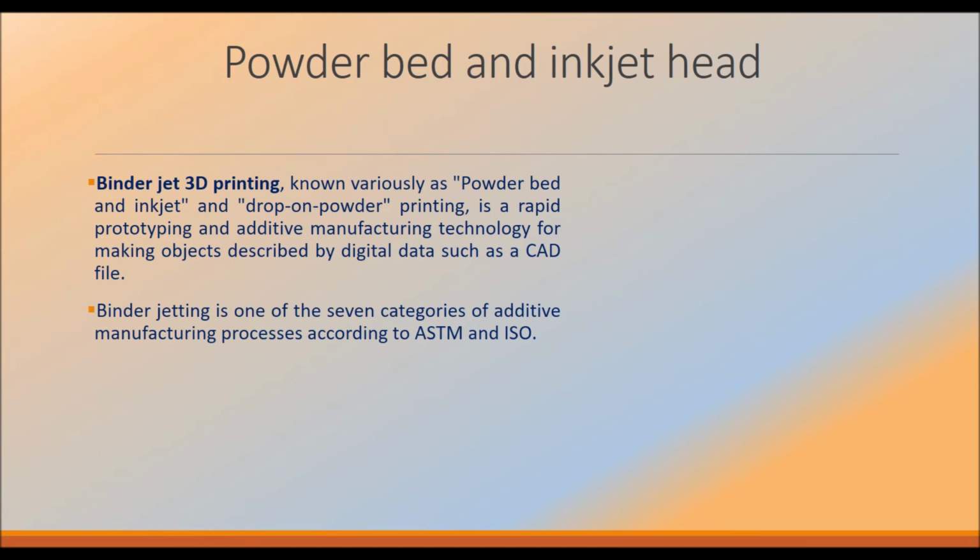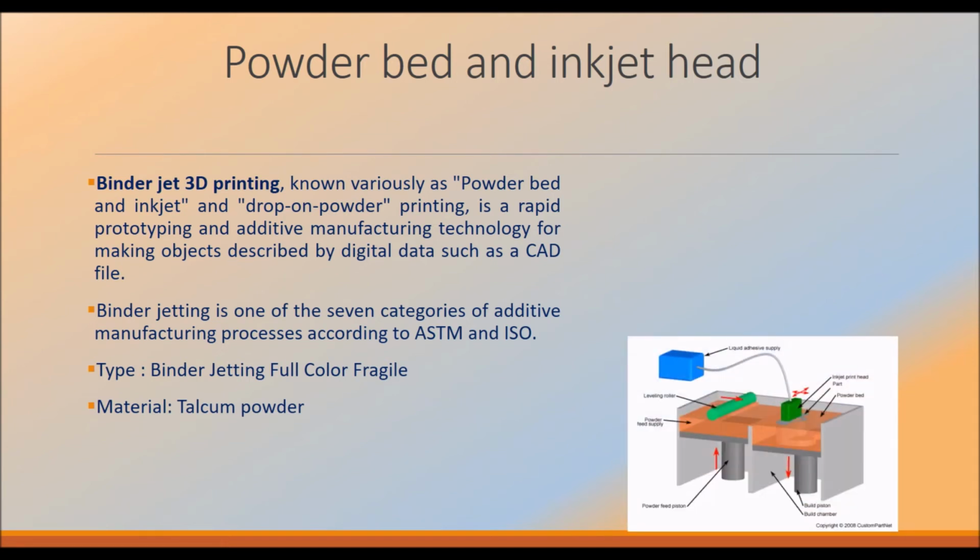Binder jetting is one of the 7 categories of the additive manufacturing process according to ASTM and ISO standards, and the type used here is binder jetting, full color, fragile. The material is talcum powder. So this is the figure regarding the powder bed and inkjet head.